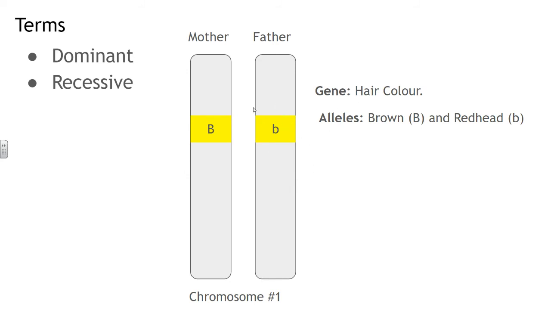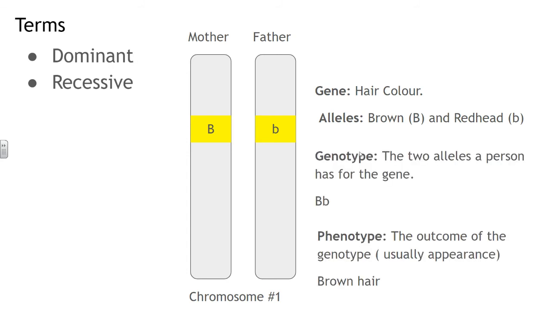And we know these letters represent alleles. So for the gene of hair color, if you have a capital B and a lowercase b allele, your genotype is capital B, small b, and your appearance would be the dominant allele's phenotype. So brown hair in this occasion.